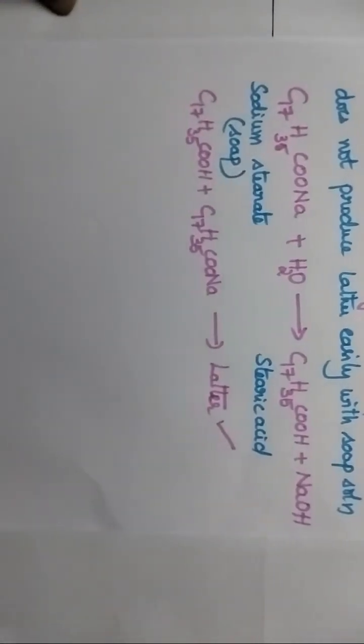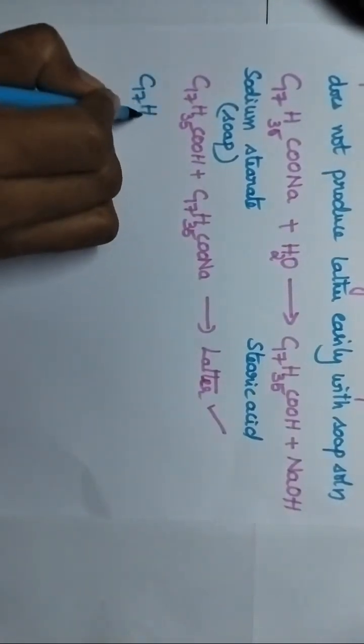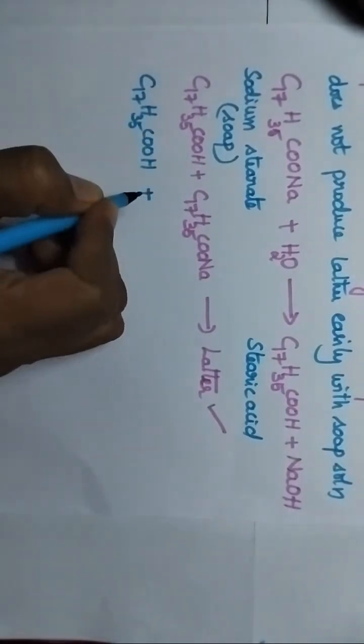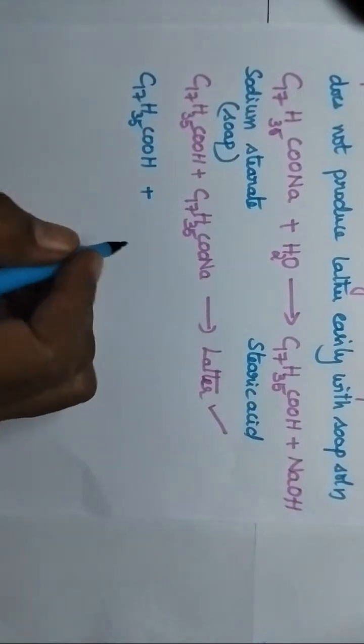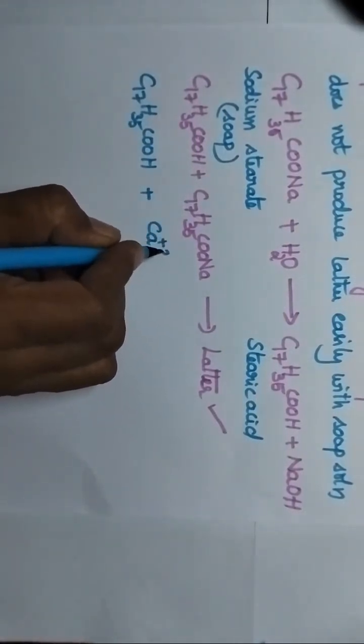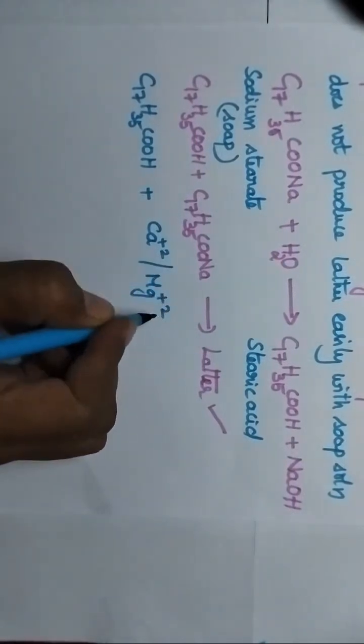So coming to the hard water, let us see what happens when hard water is mixed with soap solution. Hard water consists of dissolved salts of calcium or magnesium.